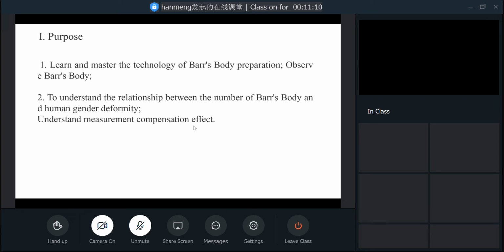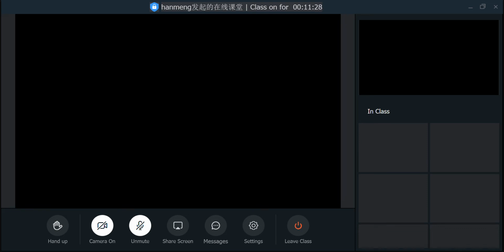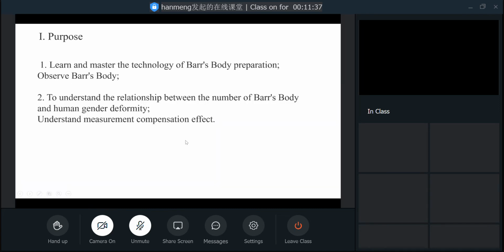Then you should understand the relationship between the number of Barr bodies and human gender deformity. And then you should understand the dosage compensation effect.